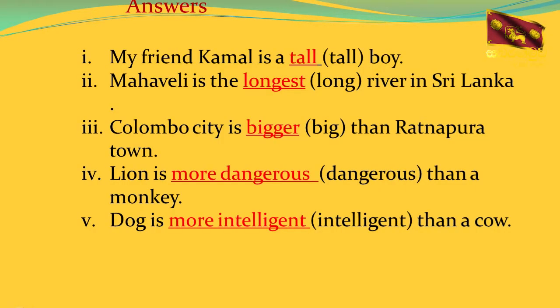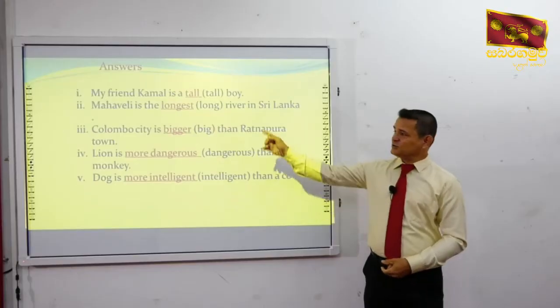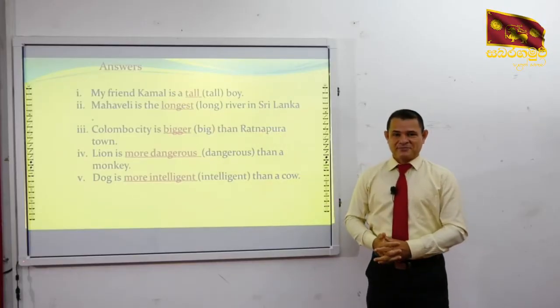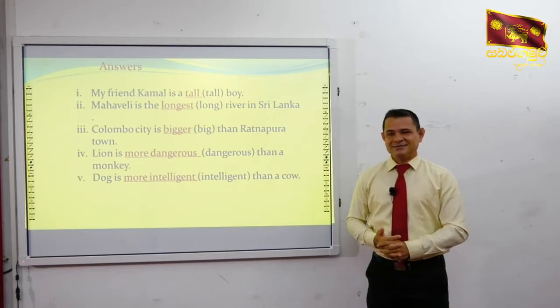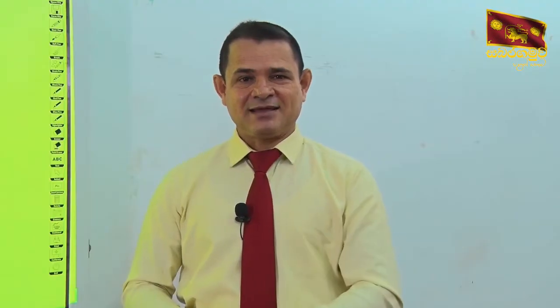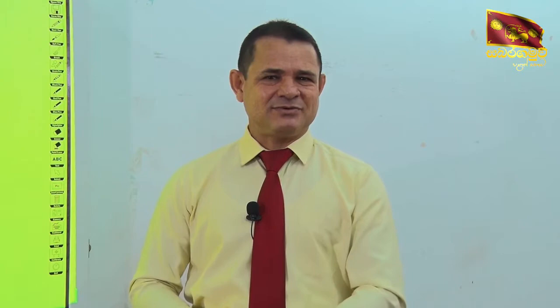Mahavali is the longest because you are talking of the longest one in Sri Lanka. So then you must use the word longest, that means superlative, and also the is there just before the blank. So you can easily guess what comes in the blank. So this is also some tricks, right?